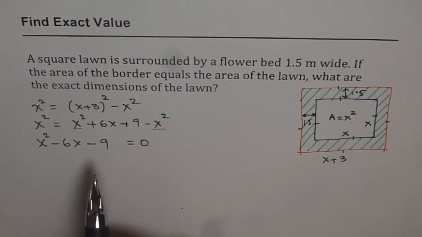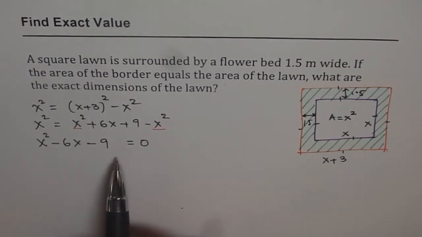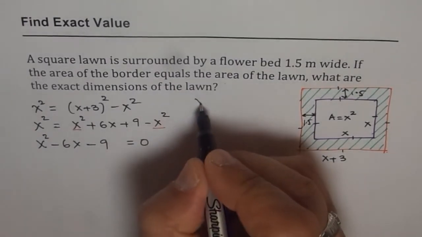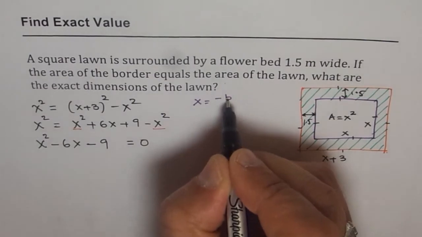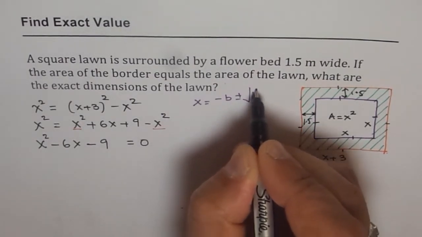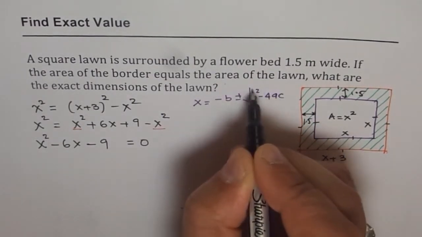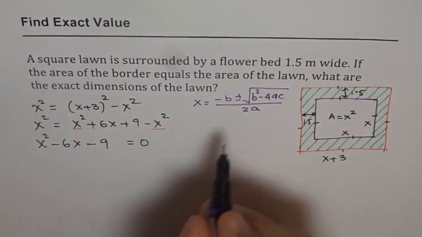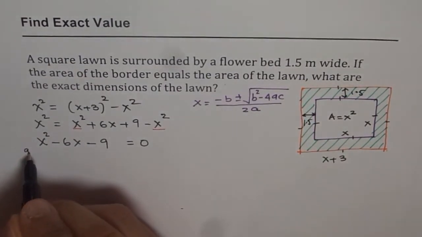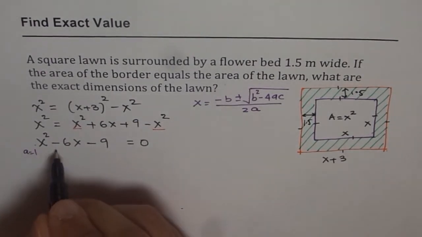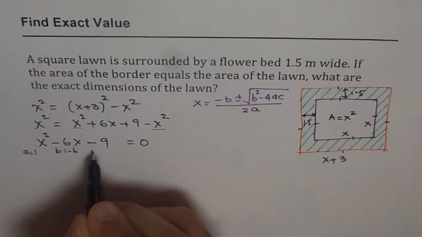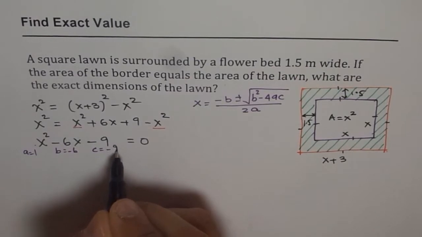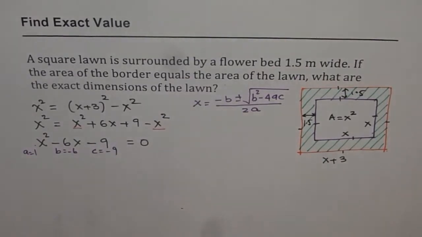Now when we need to find exact values, that means we should use the quadratic formula to solve it, right? The quadratic formula, if you remember, is x equals minus b plus or minus the square root of b square minus 4ac, divided by 2 times a. Now in this case, a equals 1, the coefficient of x squared, b equals minus 6, and c is minus 9, right? So these are the values.